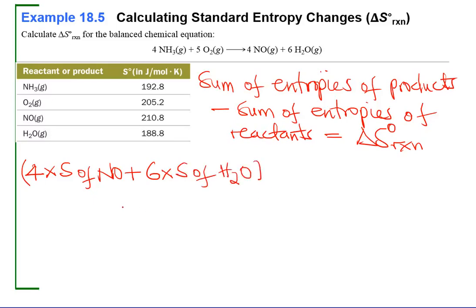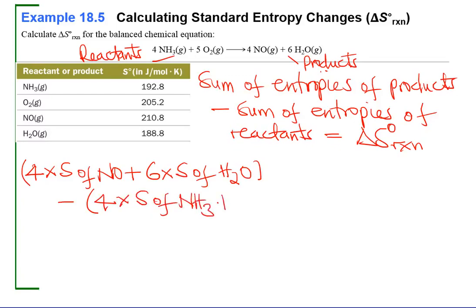These are our products. These are reactants. Minus, in parentheses again, 4 times the entropy of NH3 plus 5 times the entropy of oxygen.